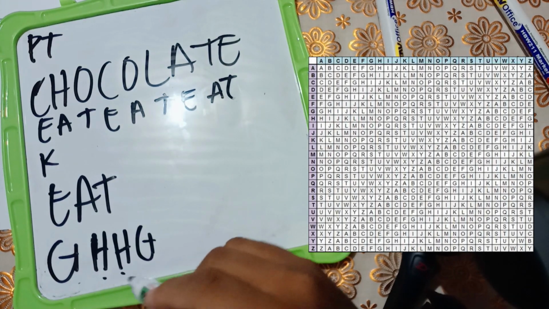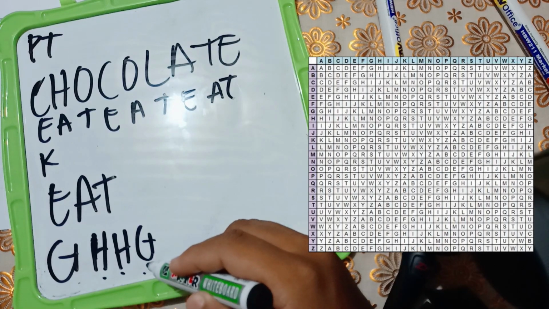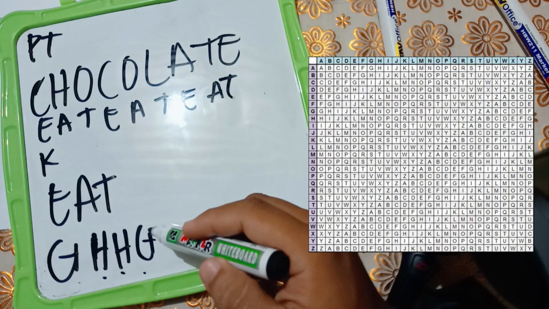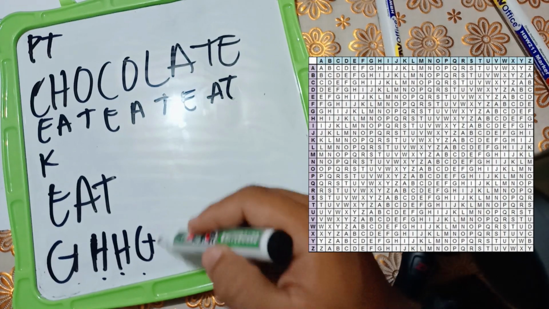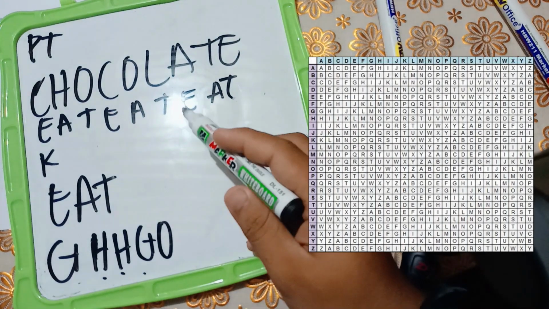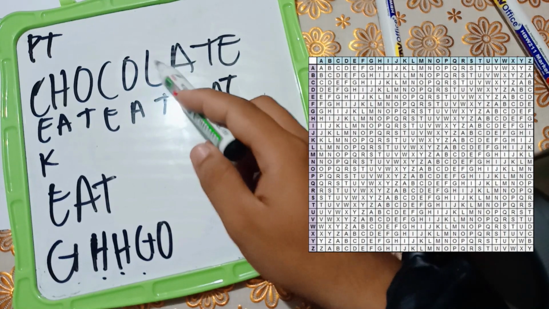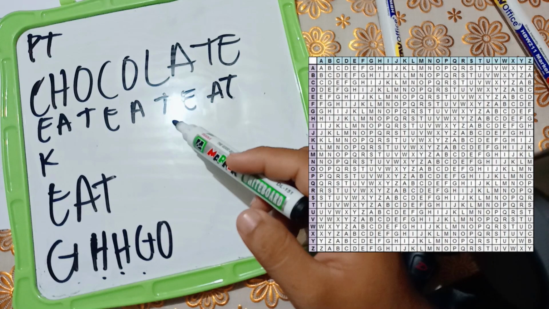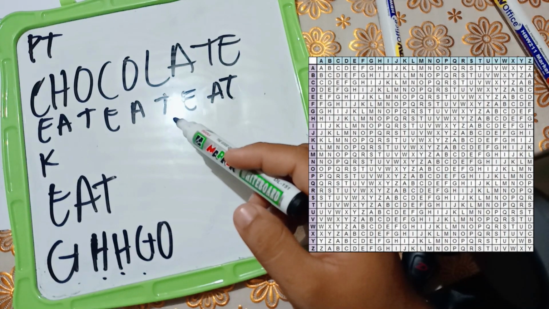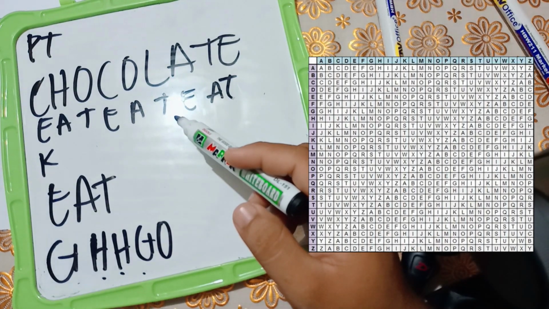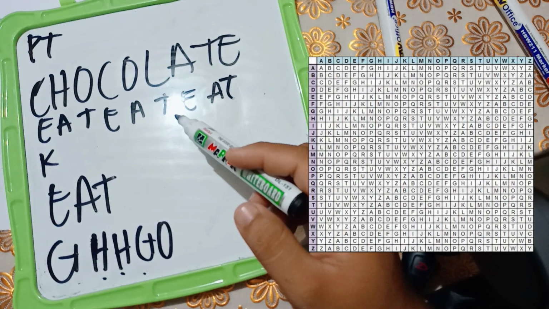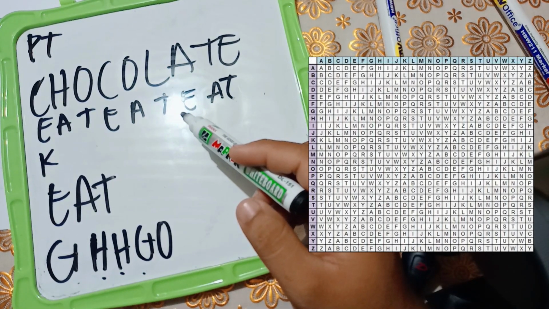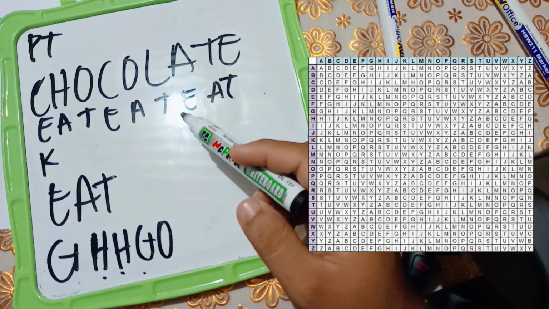So let's do the O. O to the x-axis and A on the y-axis, so just O. And L, here is L. L and T. L and T. What letter do we have? L and T, so do we have E?